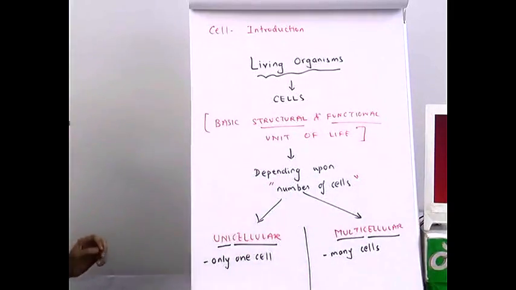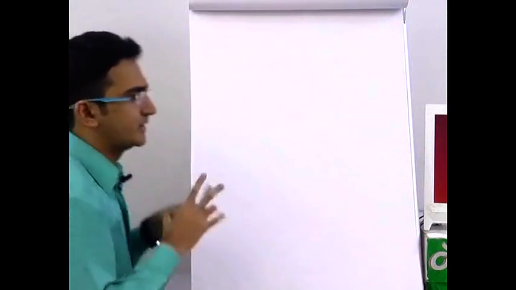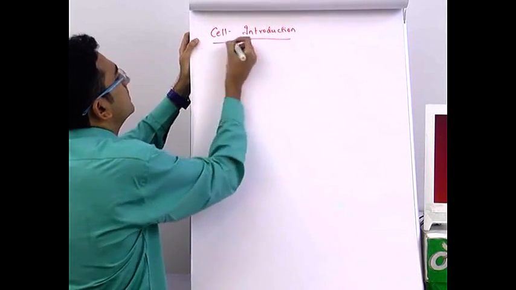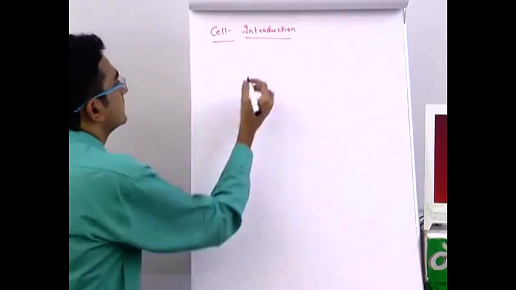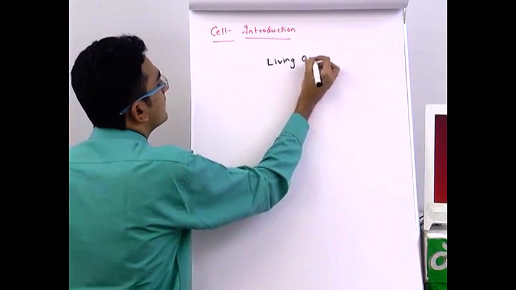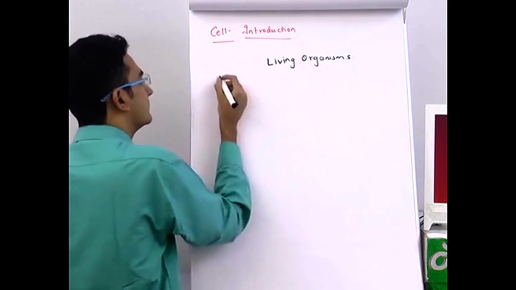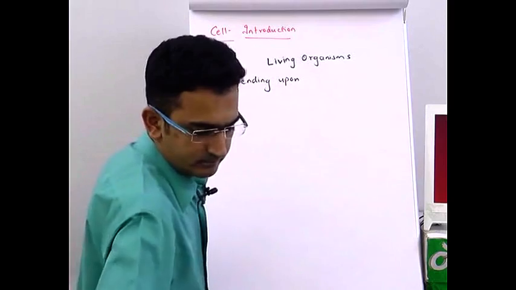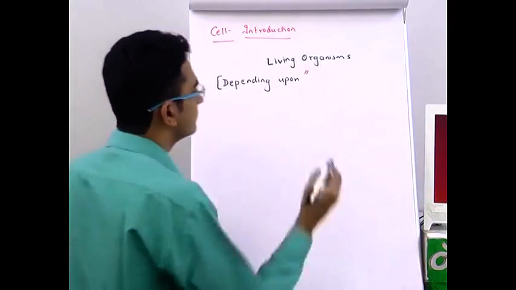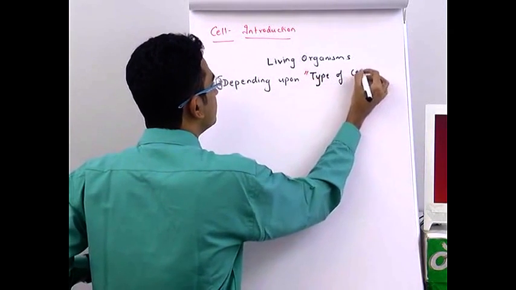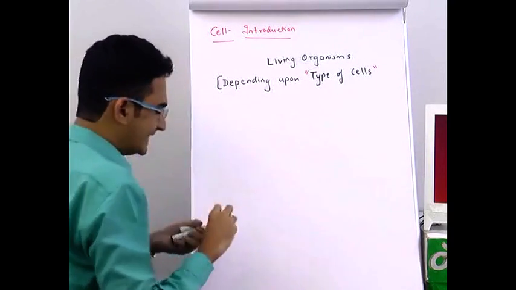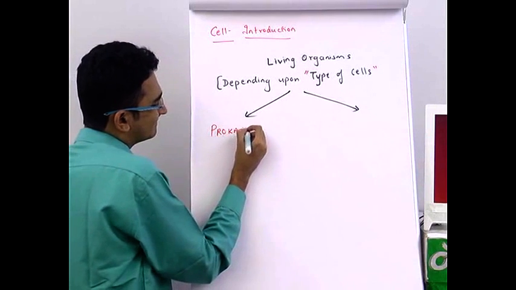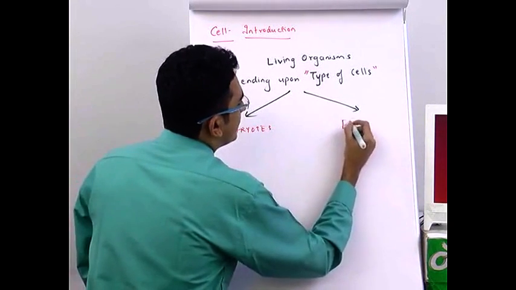Now, if we look at another way, another classification, living organisms are made up of cells, and depending upon the type of cells, living organisms can be either prokaryotes or they can be eukaryotes.